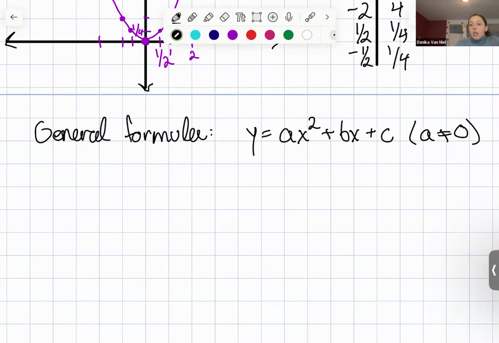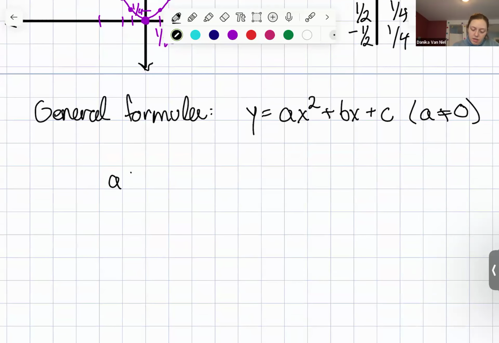So first, if a is greater than 0, then we have something that looks more like that, right? Where the cup is going up. It might be small, wide, it could be shifted up, down, whatever, but the cup is going up. Like if it was raining, it would be collecting water.